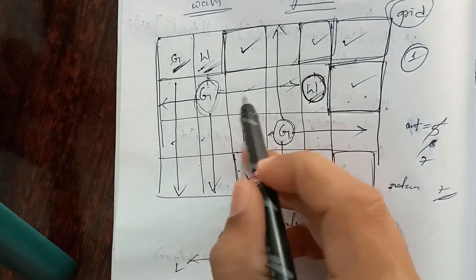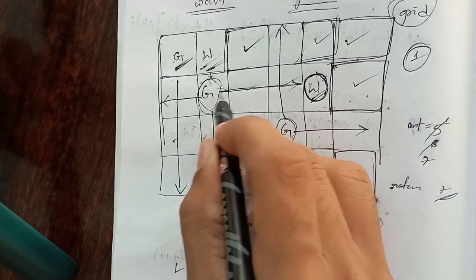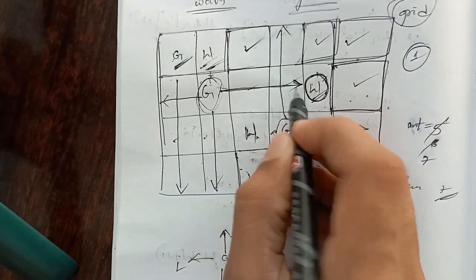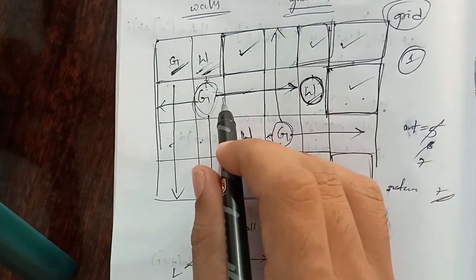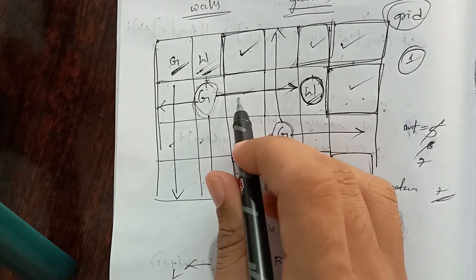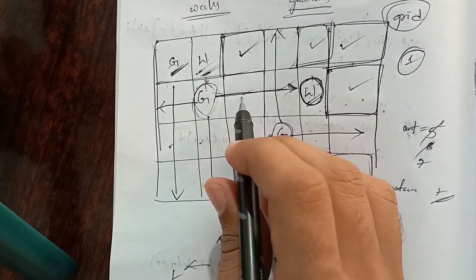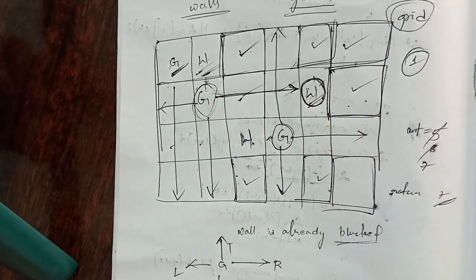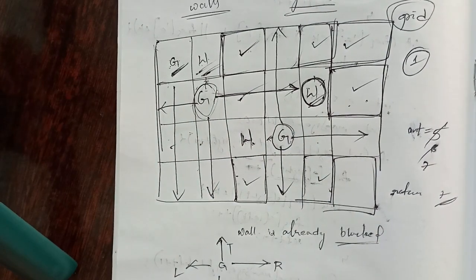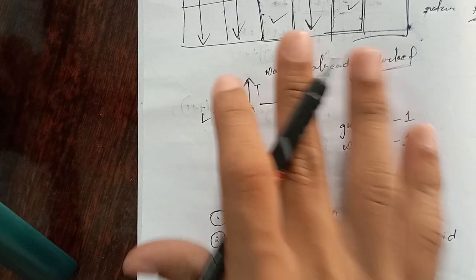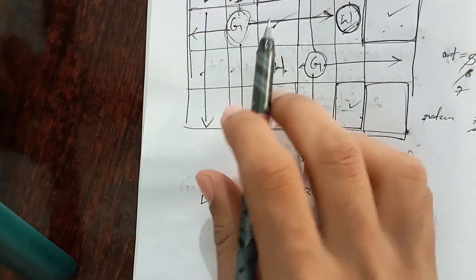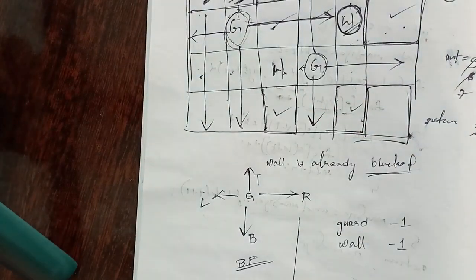The cell where a guard can see will also be initialized as -1. That means where a cell is guarded, we need to make it -1.